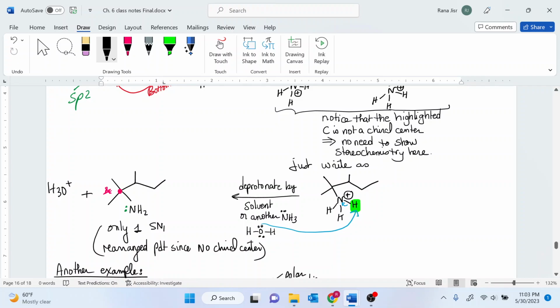It's going to act as a base, form the lone pair on the nitrogen, and now I'm going to get my product here. I don't have a chiral center in my product. So let's take this out. There is no chiral center in there, so I'm going to end up getting only one SN1 rearranged product.